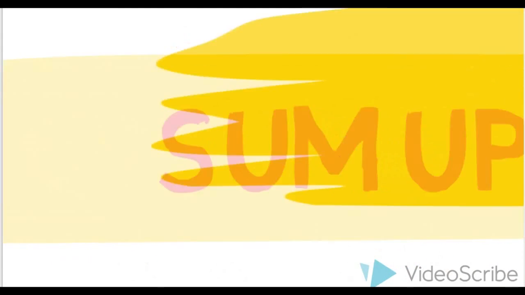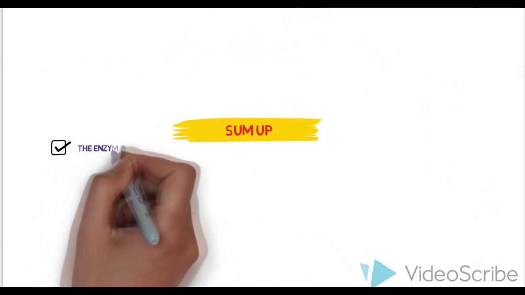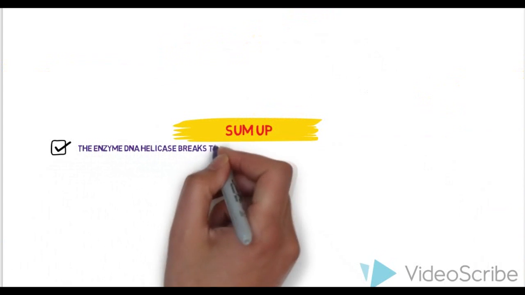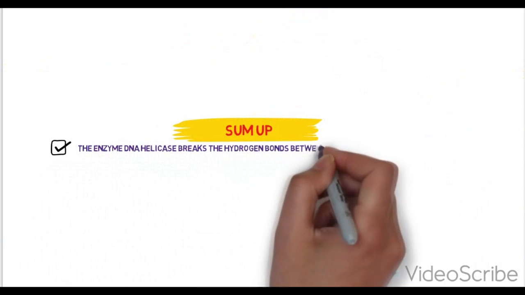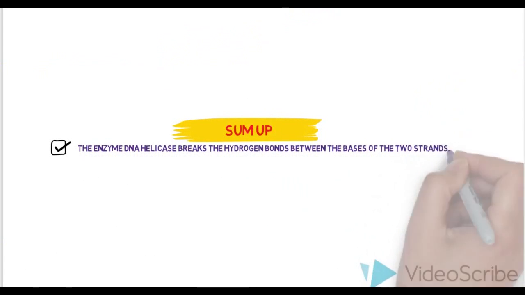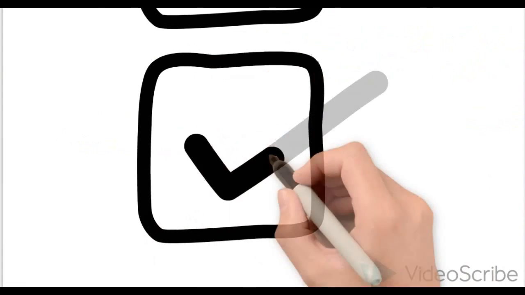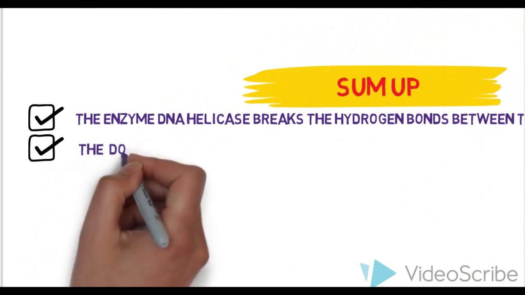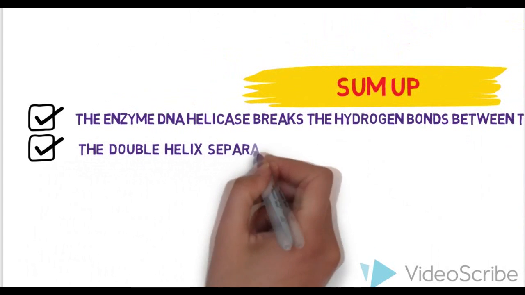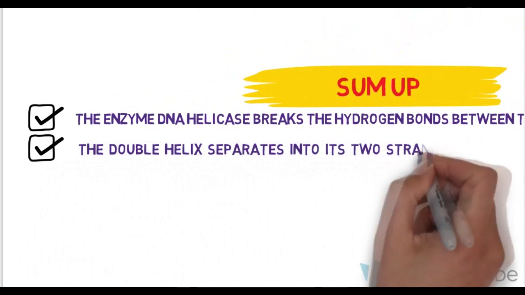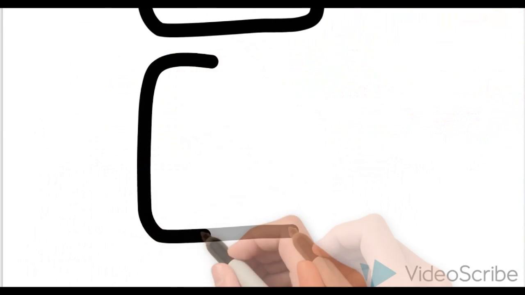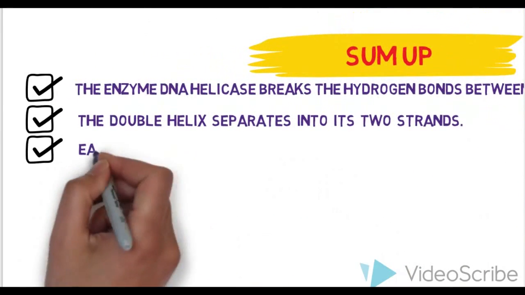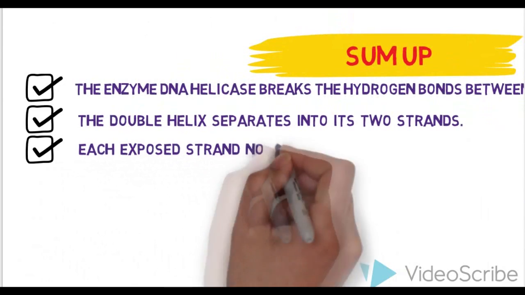So let's sum up our lesson. The first thing you need to know is that the enzyme DNA helicase breaks the hydrogen bonds between the bases of the two strands. Second, the double helix separates into its two strands. Third, each exposed strand now acts as a template strand.